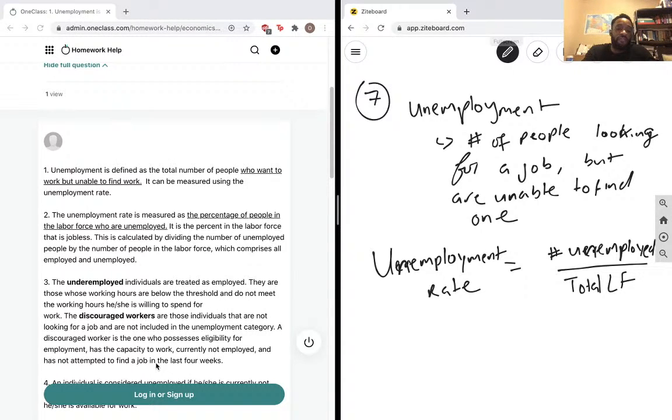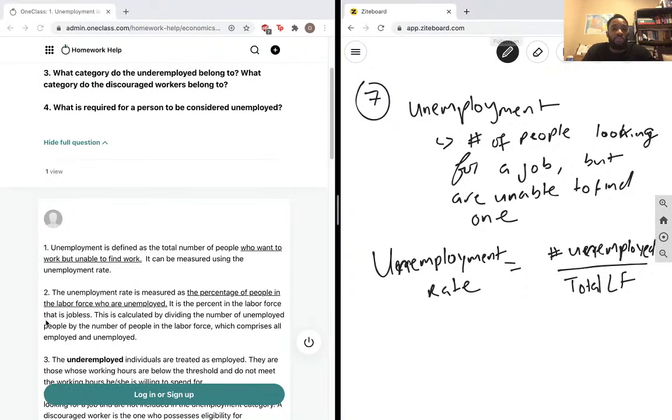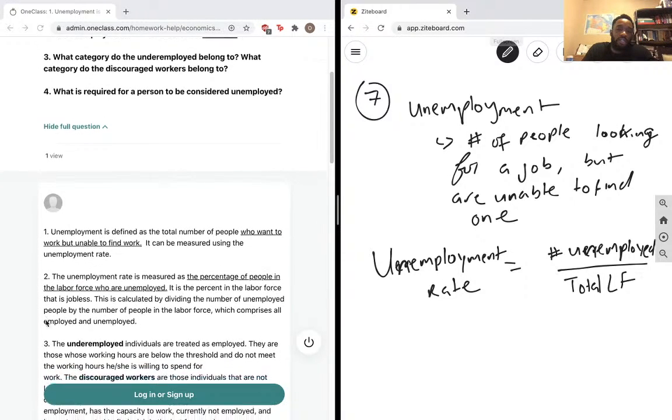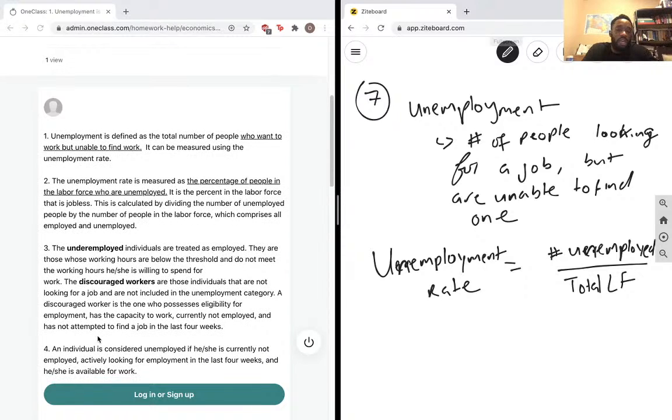So because they haven't been looking for a job in the last 4 weeks, they wouldn't be considered unemployed and they wouldn't be considered employed either. What is required for a person to be considered unemployed? An individual is considered unemployed if he or she is currently not employed and is actively looking for employment within the last 4 weeks and is also available for work.